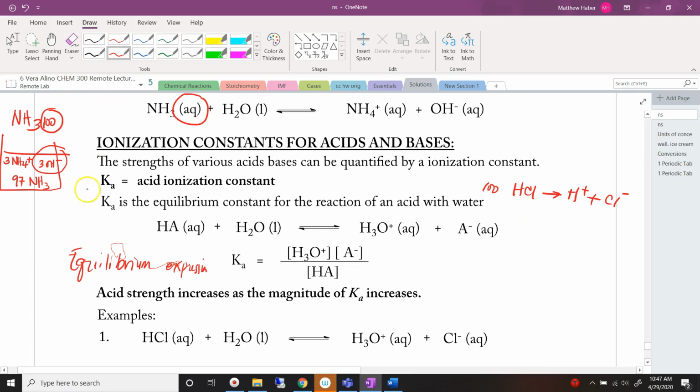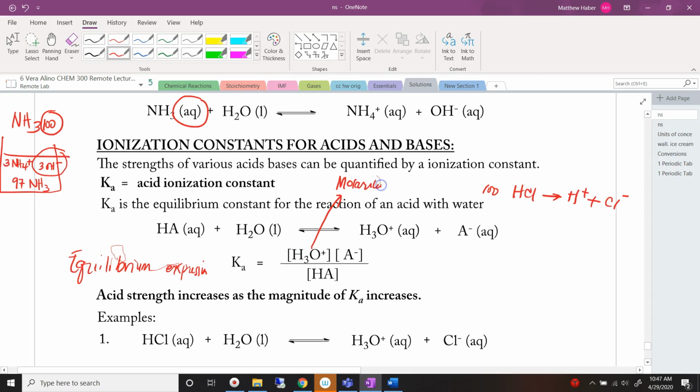The square brackets imply the concentrations in terms of molarity, so the units would be moles per liter. To make this simple for us, let's just assume we've dropped 100 moles of HCl in 1 liter of solution. So you're going to get 100 moles of hydronium ion and 100 moles of chloride ion.